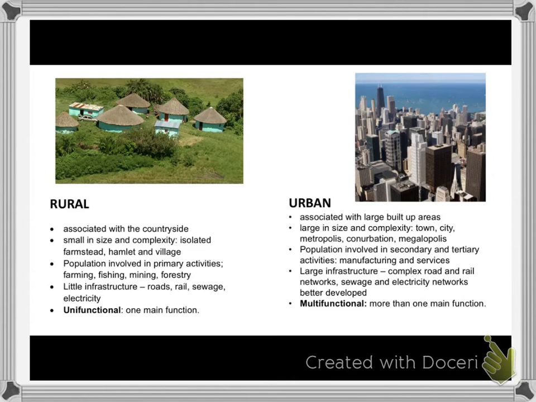And the main one is the economic activity that takes place there. In rural areas you have primary economic activities, whereas in urban areas you have secondary and tertiary economic activities. You can also look at infrastructure, roads, railways, sewage, electricity, population, economic activities, and the sheer size of the settlements.